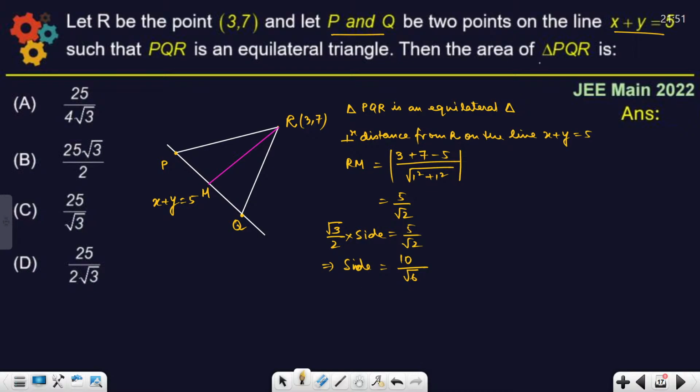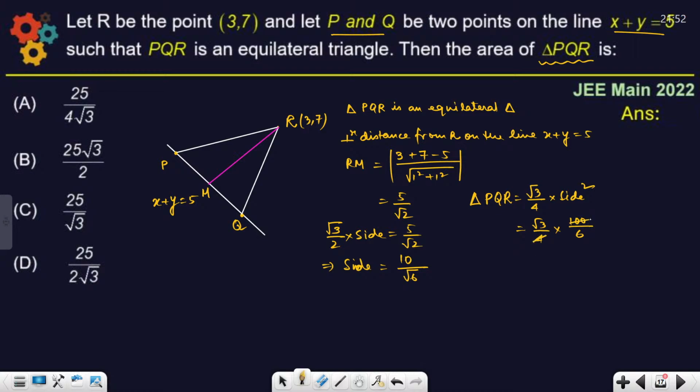Now they have asked for finding out the area of triangle PQR, and PQR is an equilateral triangle. And we know that the area of any equilateral triangle is root 3 by 4 into side square. So what will be your answer? Root 3 over 4 into 100 over 6.